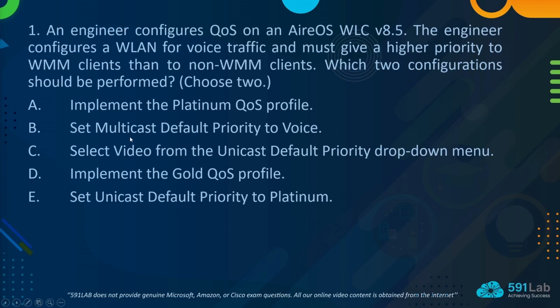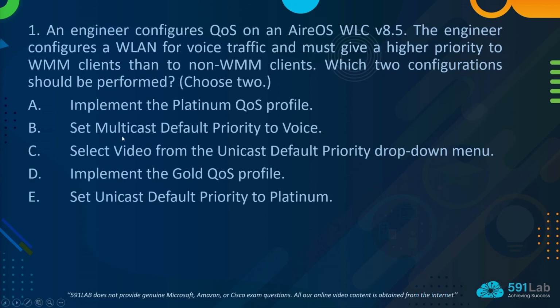The difference between multicast and unicast is this: in unicast, I'm going to send from client A to client B as a unicast message. It's not going to be propagated or multiplied on the network. It's just going to be one to one.